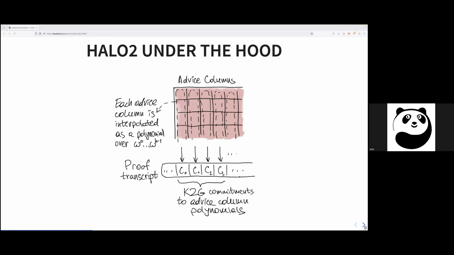So Alex, do you manually put the coefficient in the table itself? Yeah, here also a nice thing is that we actually can put the values themselves, not the coefficients, and Halo2 does the interpolation for us.